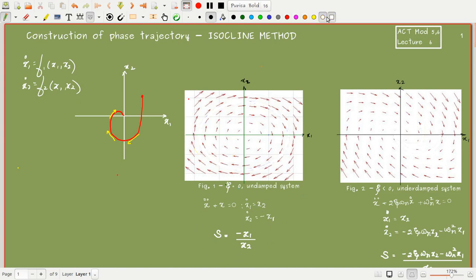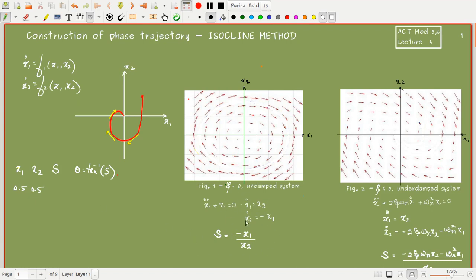Let me consider different values of x1 and x2 and the slopes for those values, S1 and S2, and also theta equal to tan inverse of the slope. Let me consider some points, x1 equal to 0.5 and x2 equal to 0.5. What is the slope for this system?